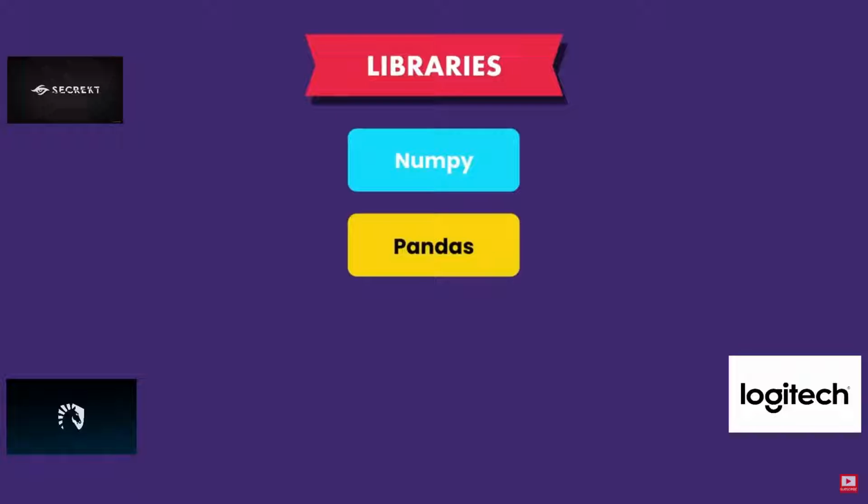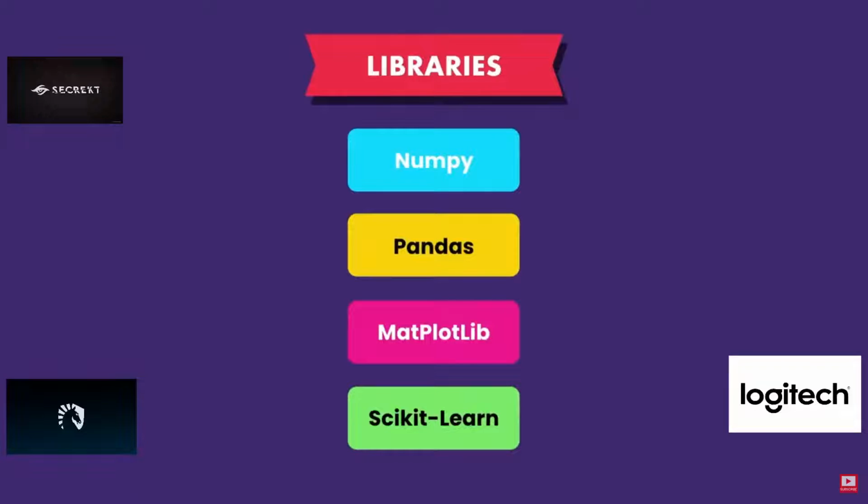We can select data in a row or a column or a range of rows and columns. Again, very, very popular in machine learning and data science projects. The third library is Matplotlib, which is a two-dimensional plotting library for creating graphs and plots. The next library is scikit-learn, which is one of the most popular machine learning libraries that provides all these common algorithms like decision trees, neural networks, and so on.